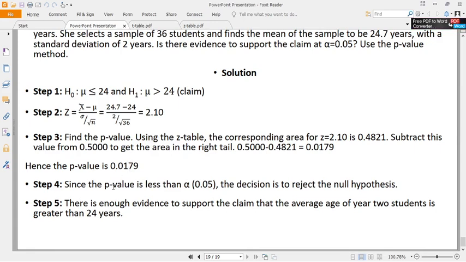Since p is less, we reject the null hypothesis, and therefore there is enough evidence to support the claim which states that the average age of Year 2 students is greater than 24 years.